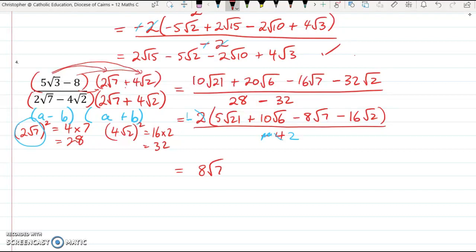It was a negative, but because we've got a negative there already, it becomes positive. I might change that one to a positive as well, so plus 16 root 2. Then these both become negatives because they were positive, so minus 5 root 21, and then minus 10 root 6. That would be the simplest form of that.